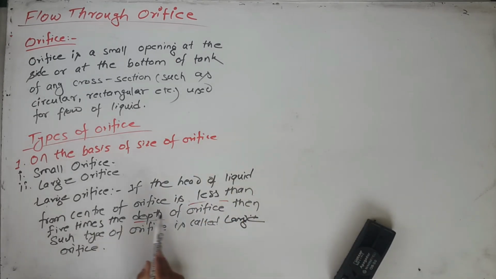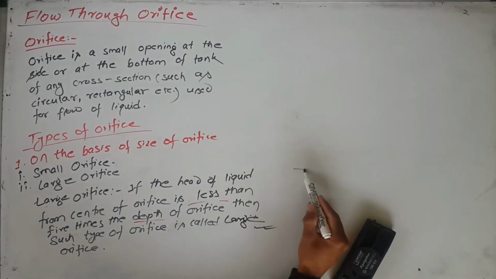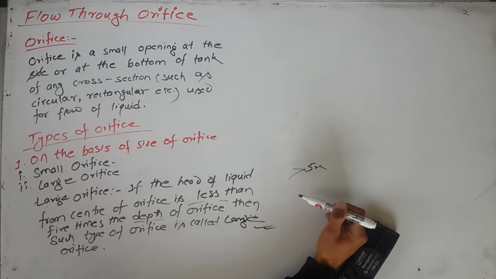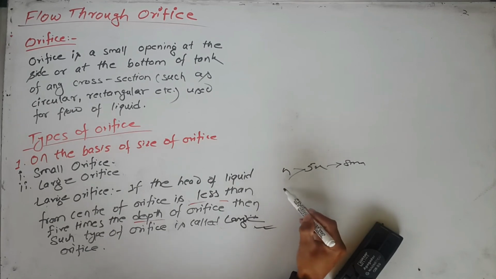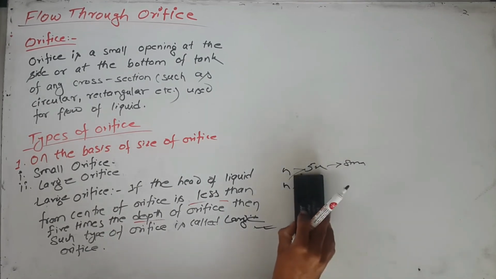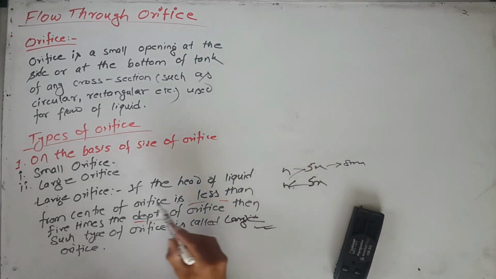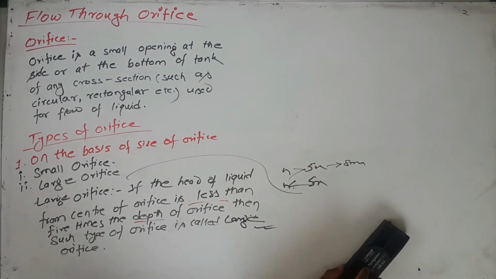If the head of the liquid from the center of the orifice is less than 5 times the depth of the orifice, then such a type of orifice is called a large orifice. If head is more than 5 times the depth, it is called a small orifice, and if the head of the liquid from the center of the orifice is less than 5 times, it is called a large orifice. So this is on the basis of size of the orifice.